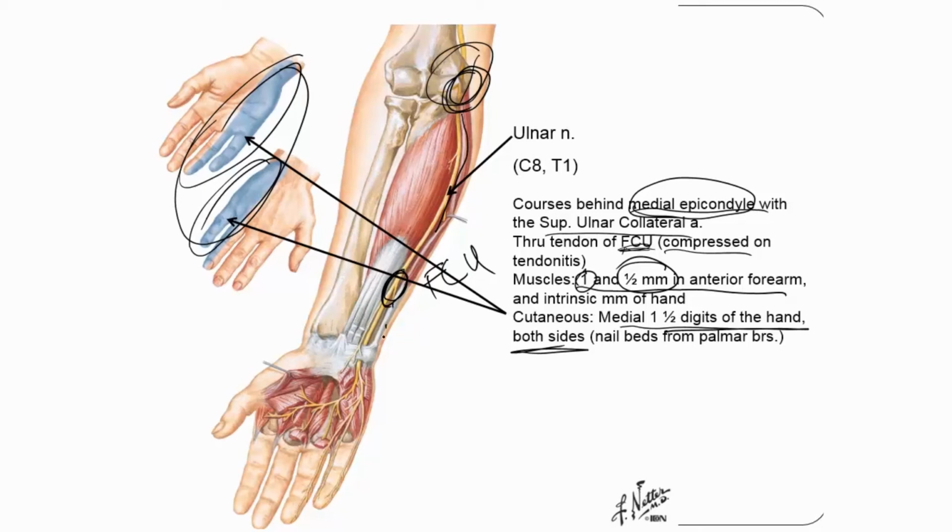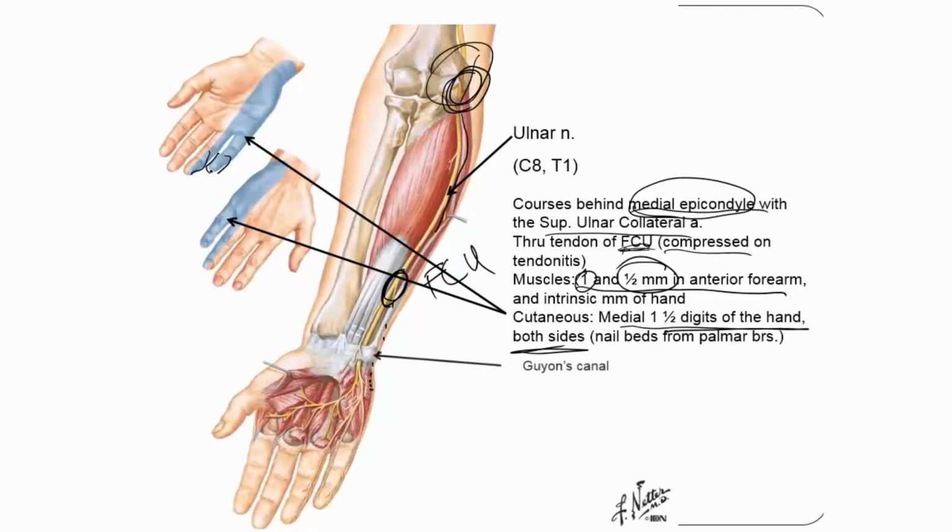It then travels around posteriorly and will get, again, the medial 1.5 on the dorsal side. But it doesn't get the nail beds. The nail beds are supplied by the branches that go around from the palmar side distribution, just like what we saw with the median supplying the nail beds on the dorsal side.